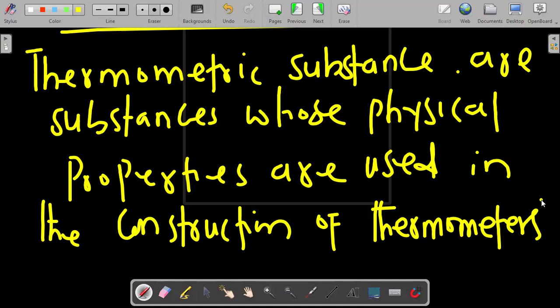So let's get examples of thermometric substances. That liquid thing you see might be alcohol, water, or any liquid substance that varies with temperature, and those are thermometric substances.